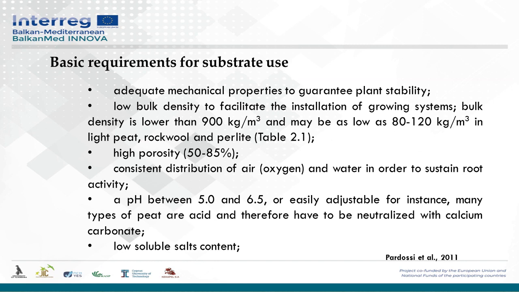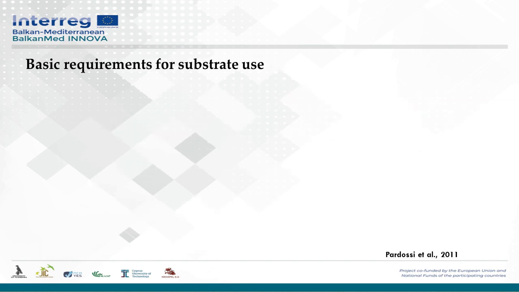It is required that the pH of a substrate be between 5 and 6.5, or at least it must be easily adjustable to this level, either by adding acids or calcium carbonate, depending on the situation, and it must have low soluble salt content.